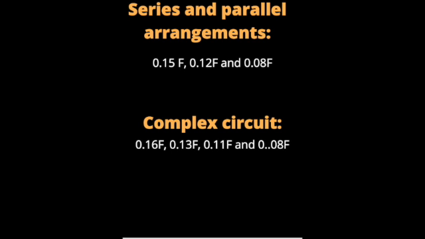While for the complex circuit, we used the following capacitances: 0.16 farads, 0.13 farads, 0.11 farads, and 0.08 farads for each capacitor. The voltage in the battery that we used was 10 volts. So these were all the data.